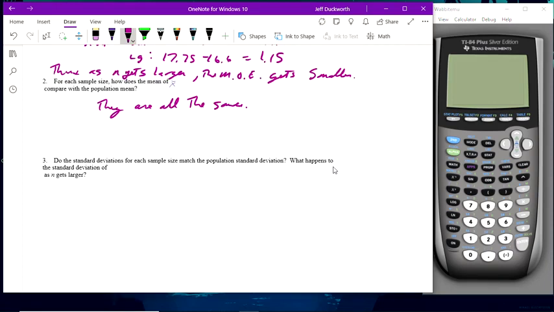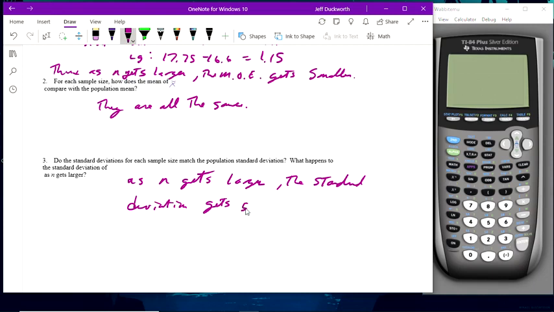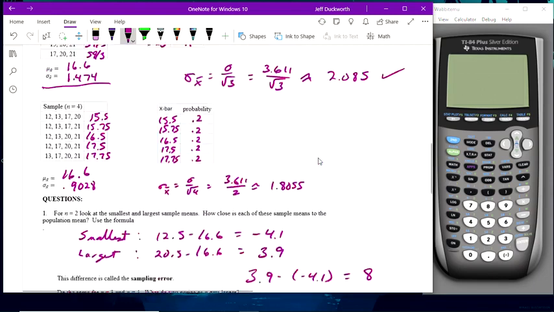Well, if you notice, as n got larger, the standard deviation gets smaller. So we're looking at these values here.